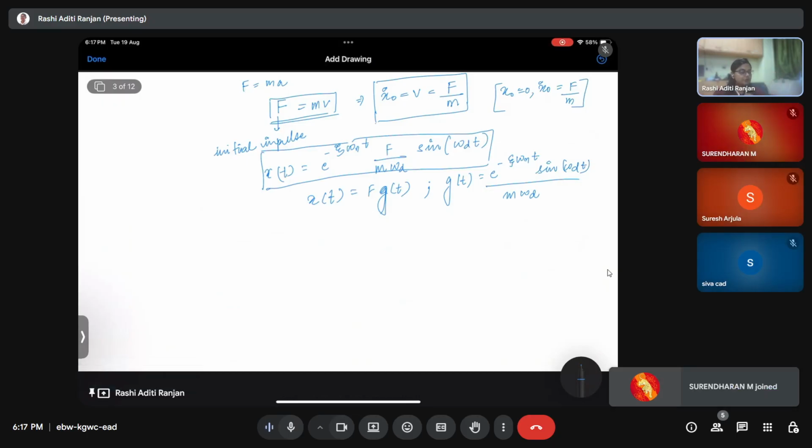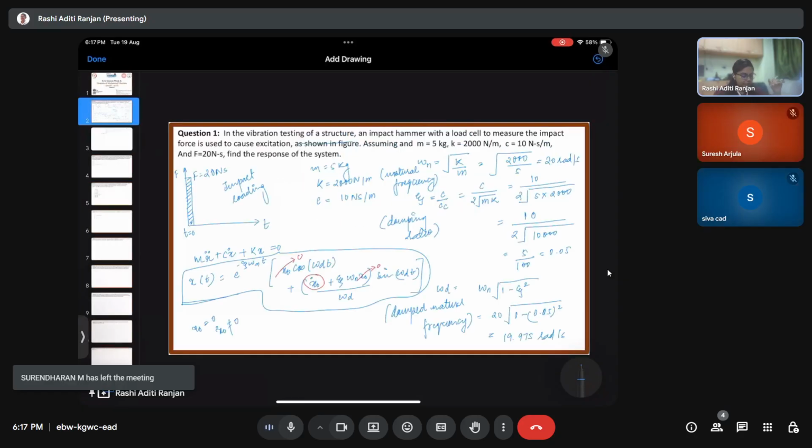So now for the given values, if I want to find the solution, F we already know is 20.